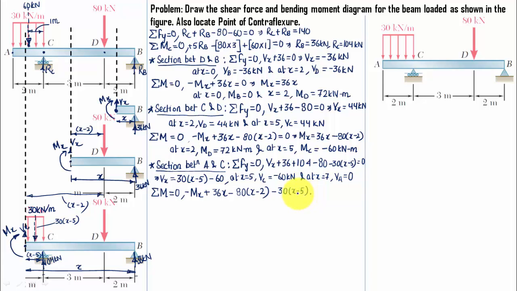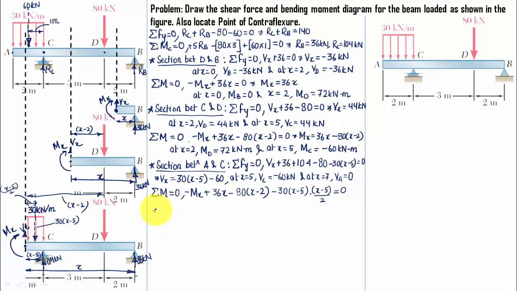This has to be multiplied with a perpendicular distance, and if you watch carefully, this is that perpendicular distance. Okay, this much amount is x minus 5, so half of x minus 5, x minus 5 over 2. So the force is 30 times x minus 5, and this is the perpendicular distance, x minus 5 over 2. So let me just write this, x minus 5 over 2 is equal to 0.